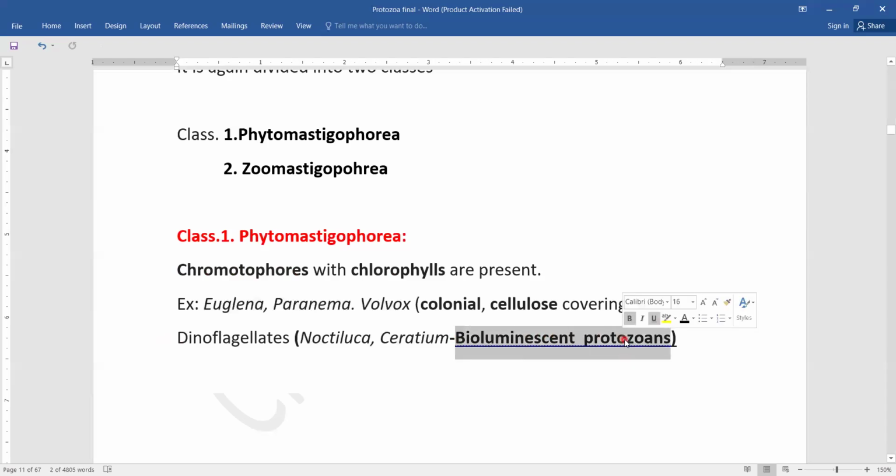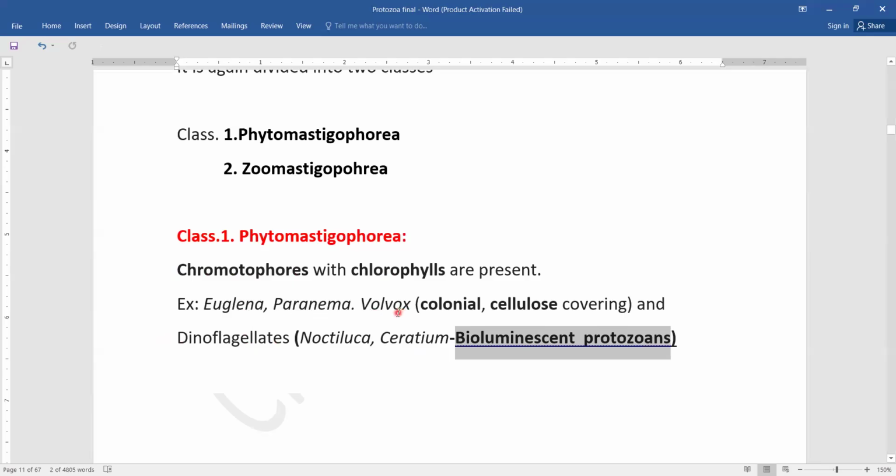You should remember that. ఇవి వైట్ లైట్ ని ఎమిట్ చేస్తాయి. Noctiluca and Ceratium, which are dinoflagellates. They contain red chlorophyll, so they can also undergo photosynthesis.